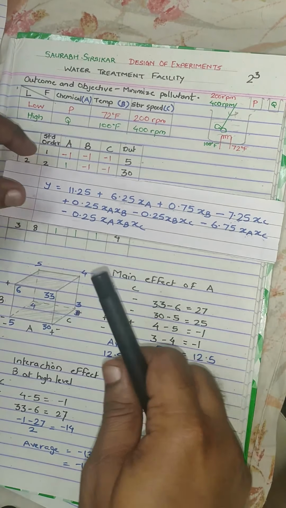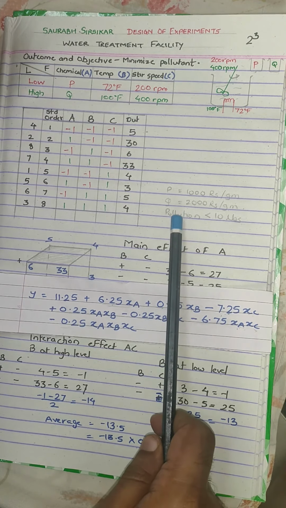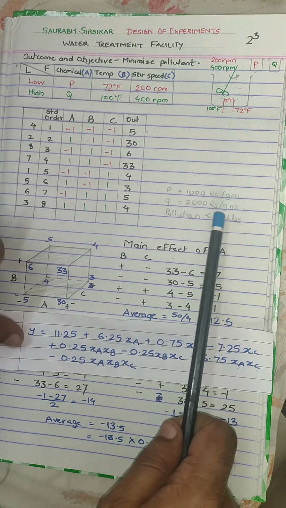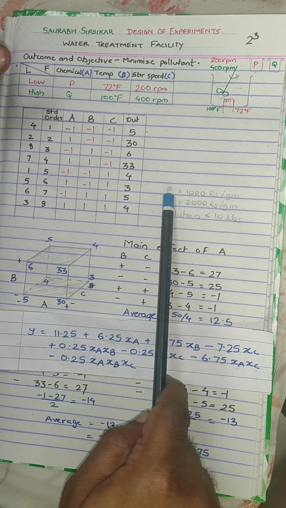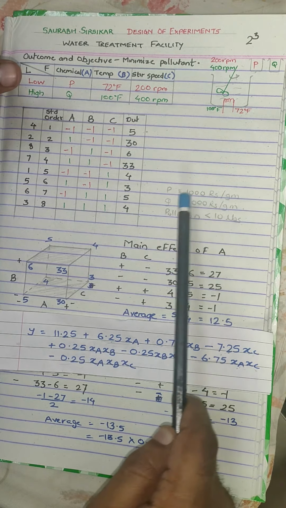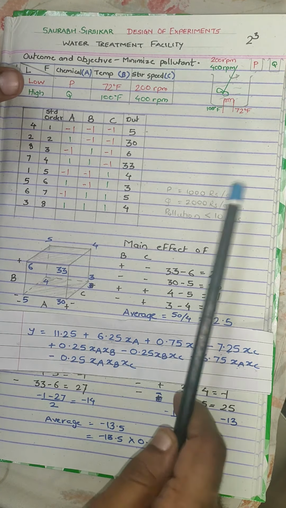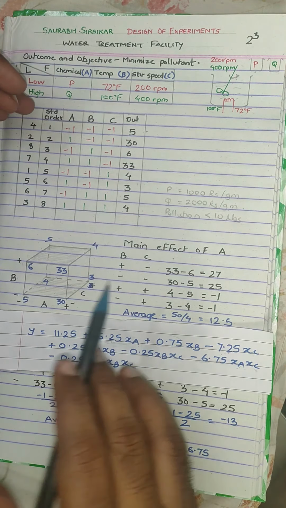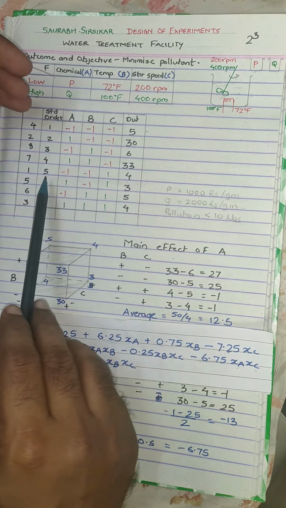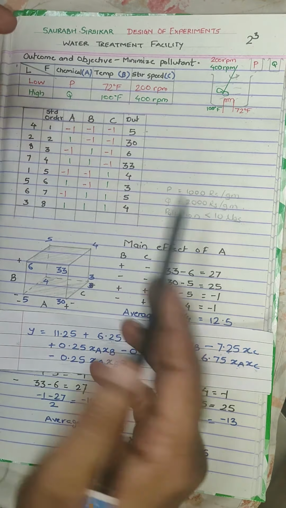One more thing is that if we get a condition like pollution should be less than 10 pounds and cost of chemical P is 1000 rupees per gram and cost of Q is 2000 rupees per gram. If we are told to select one combination out of these 8 combinations, which one would you go for?